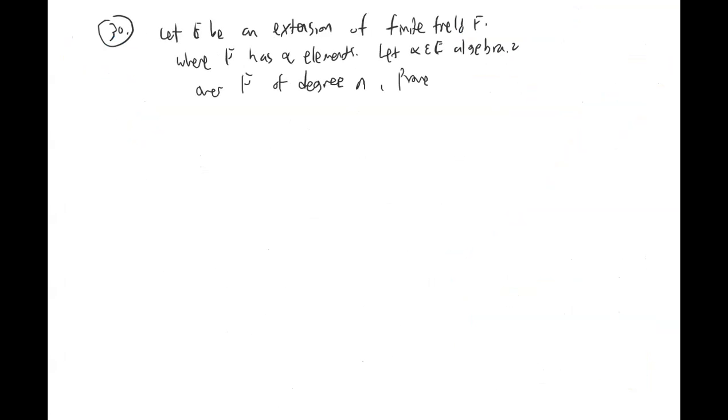Prove F of alpha has q to the n elements. So this should be very quick from the theorem I gave you. So from that theorem, if beta is in F of alpha, how does beta look? Can anyone tell me?